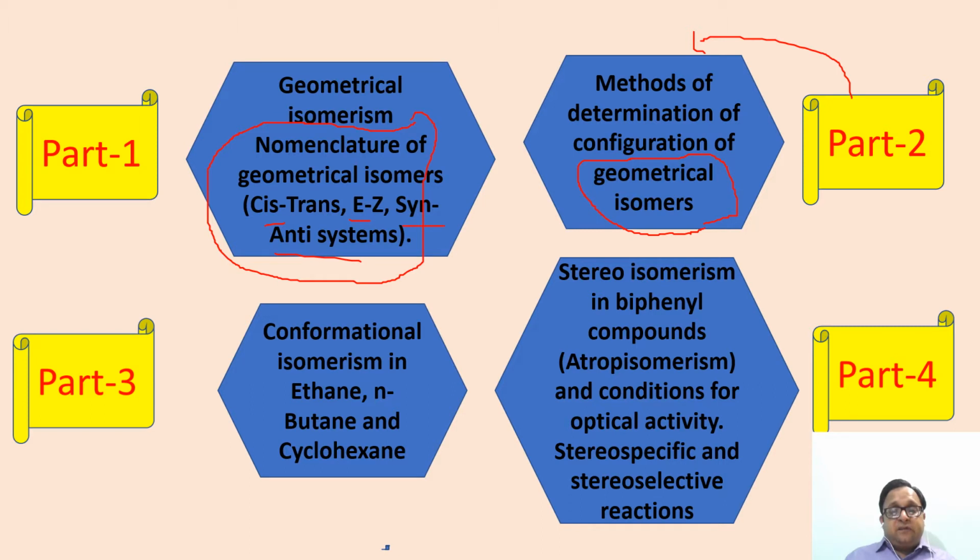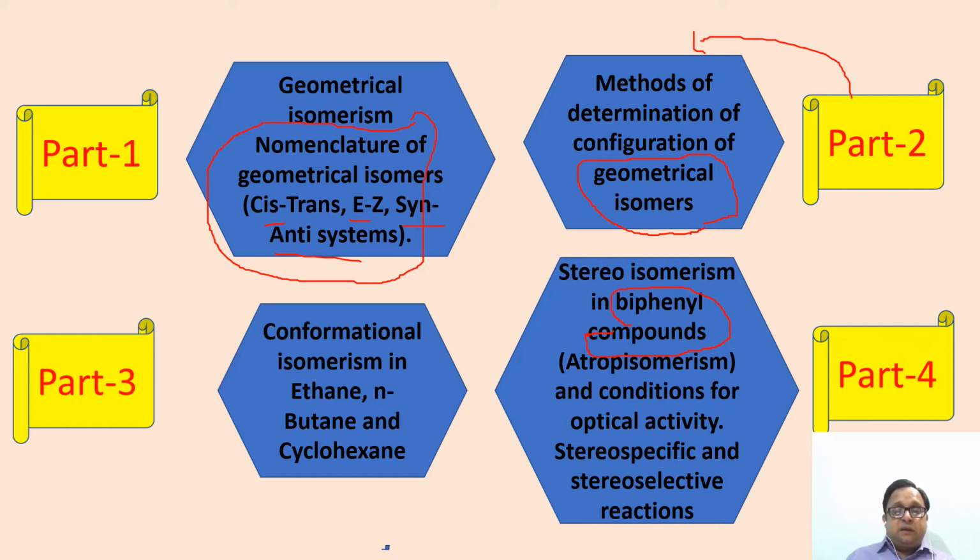Part 4 has 2 sections. The first section deals with the stereochemistry of the biphenyl compounds, which is also known as atropisomerism.